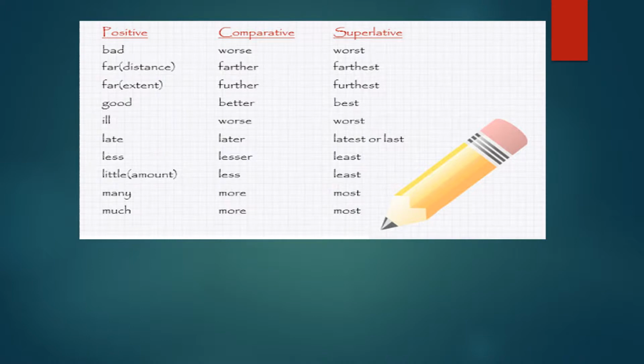For example, bad, worse, worst; far, further, farthest; good, better, best; late, later, latest; little, less, least; many, more, most; much, more, most; old, older, oldest, or elder, eldest. These are the irregular comparative and superlative forms of comparison.